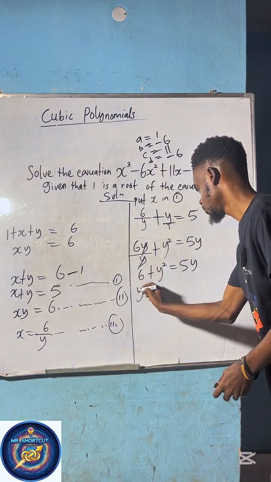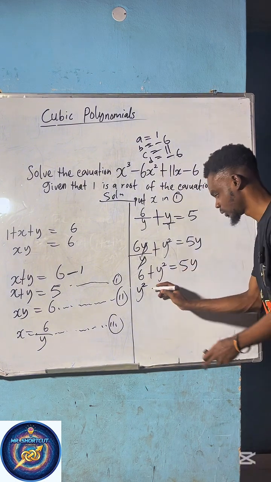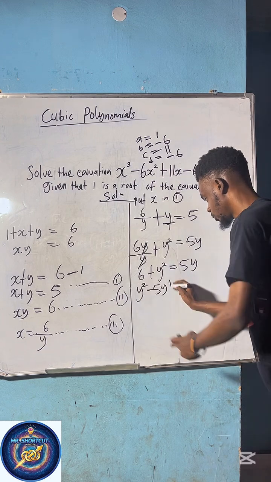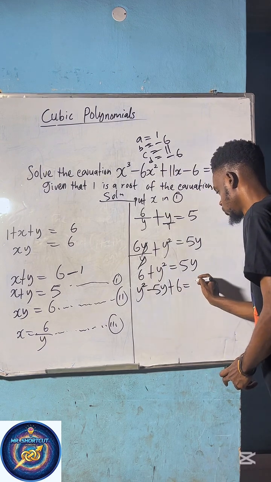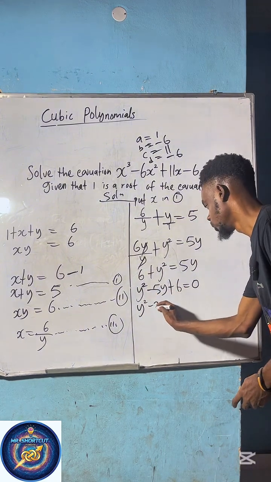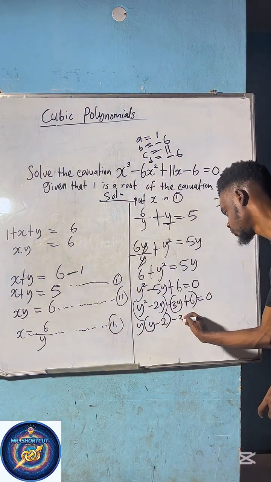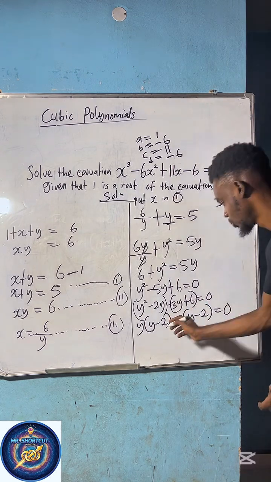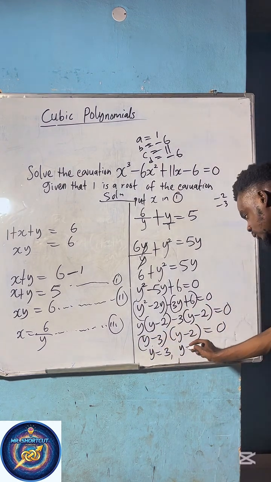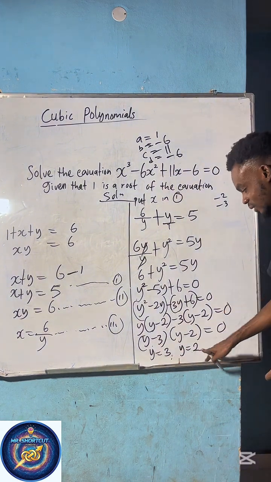We have y squared, and this is a positive 5y. When it crosses over, it takes the negative sign, so y squared minus 5y plus 6 equals 0. We have two values of y, 3 and 2.